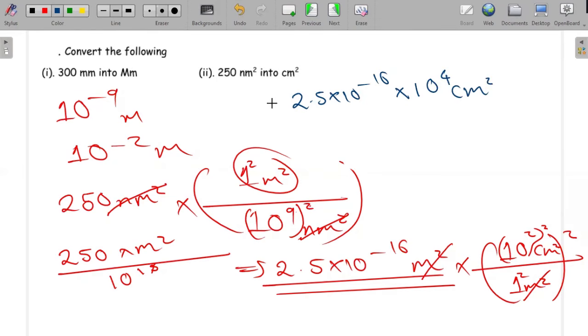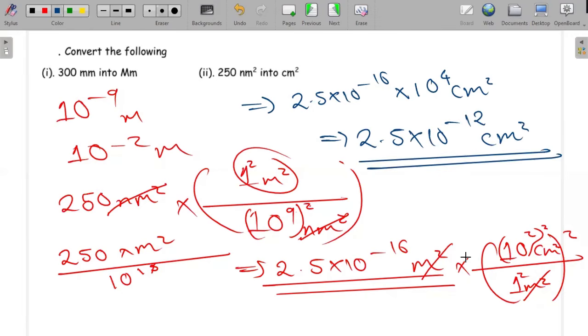What final answer are we going to get? 2.5 times 10 to the power minus 12 square centimeters. That means we have converted successfully from 250 square nanometers into square centimeters.